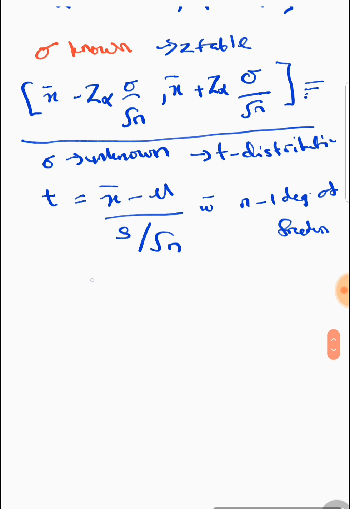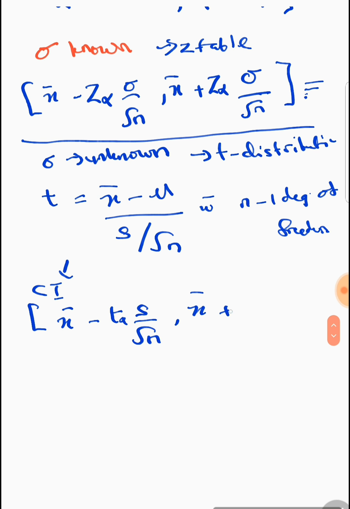In fact, if I write down the general form of my CI, you will see this is x bar minus t of alpha, s over square root of n, and x bar plus t, s over square root of n.